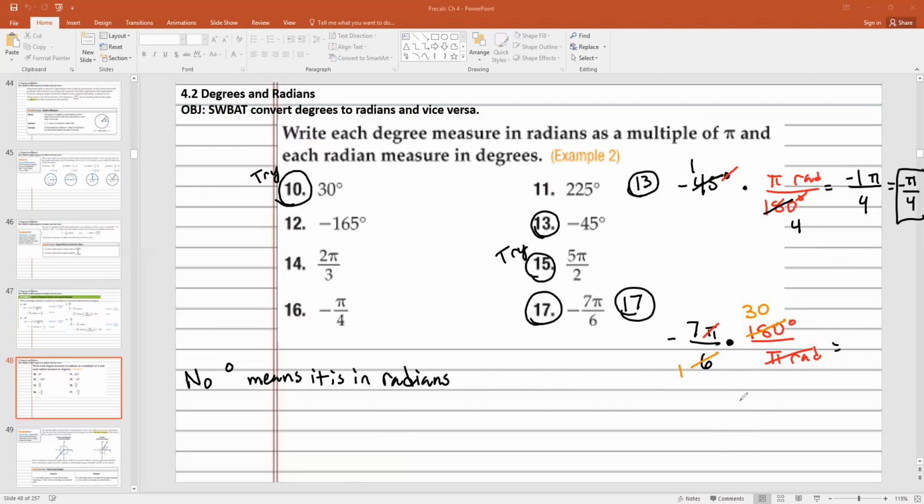It's going to give us negative 210 degrees, and that's it. We have a 1 on the bottom, but that doesn't matter. And that's it. All right, so try number 10 and number 15. Again, yours are going to be positive.